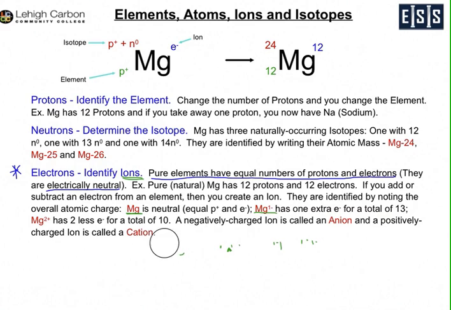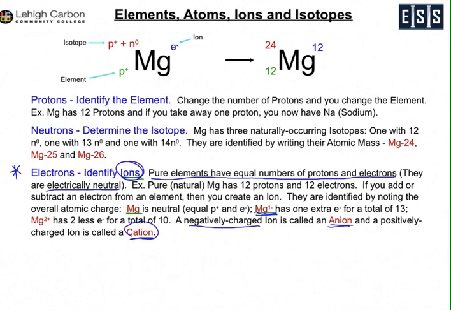And one final nuance that chemists would like to use is if it's an ion that has a negative overall charge, a -1 like this one here, magnesium -1, you call that an anion, and if it's a positive charge, you call it a cation. So ions, you either have positive or negative.